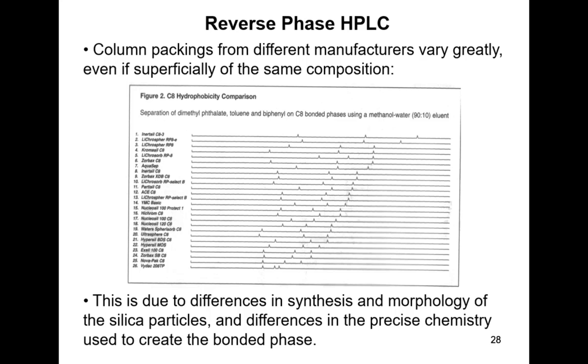If you're doing lots of different types of samples, you're kind of stuck. You don't have the time and the funds to shop around for the ideal column for each particular mixture. So you have to concentrate more on varying the mobile phase composition to try to optimize different separations.